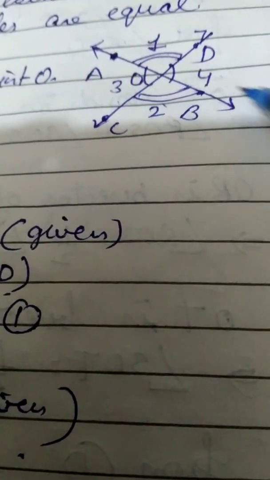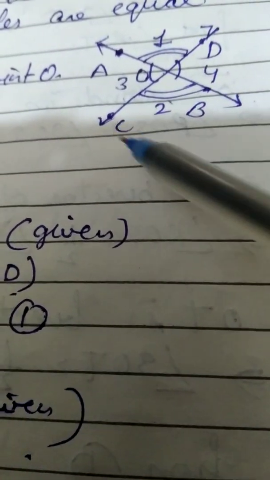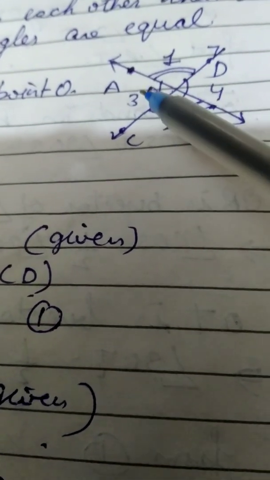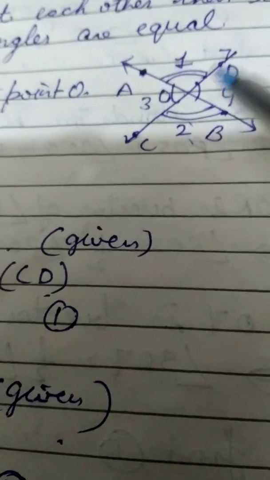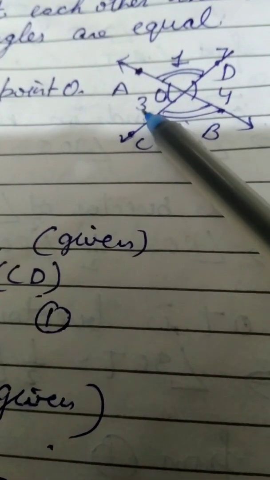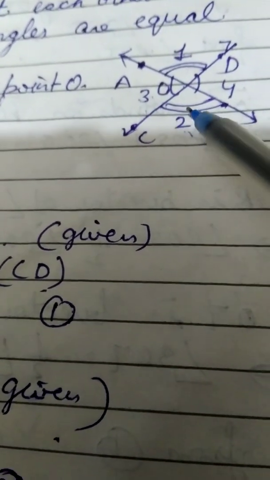Also, we can say that AB is a straight line and CO is standing on it. Therefore, angle 3 plus angle 2 is equal to 180 degrees. First, we have proved that angle 1 plus angle 3 is equal to 180. Now, we have proved that angle 3 plus angle 2 is equal to 180. Now, we will equate these two equations.